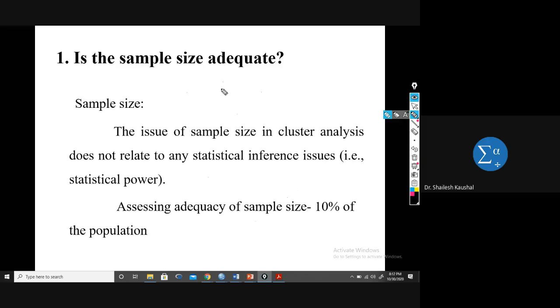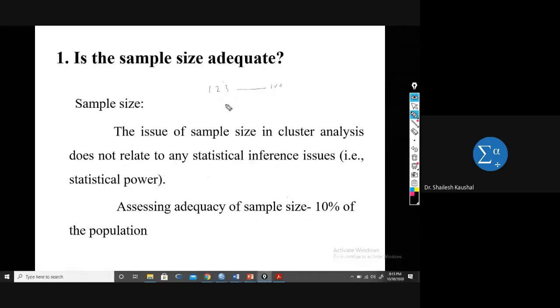How many clusters are possible? 100 clusters are possible, because every buyer is different from the others, but on the basis of some same characteristics we can put some buyers into one cluster.